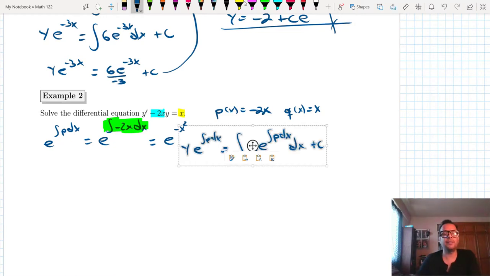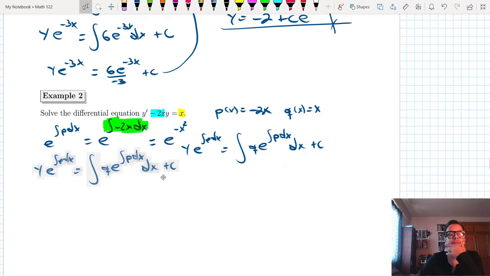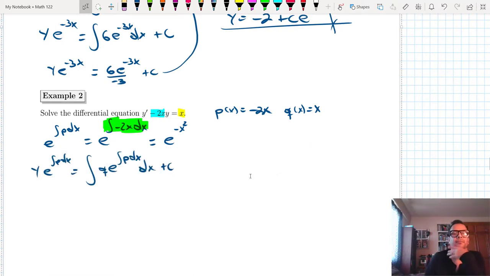Let me write down the formula here just to show you what we are going to write next. So we already have this quantity. Let me use this purple right here, just to denote that we were focusing only on that integral.